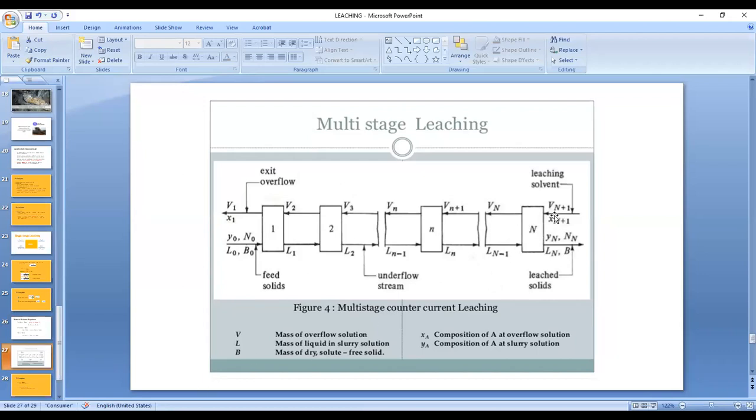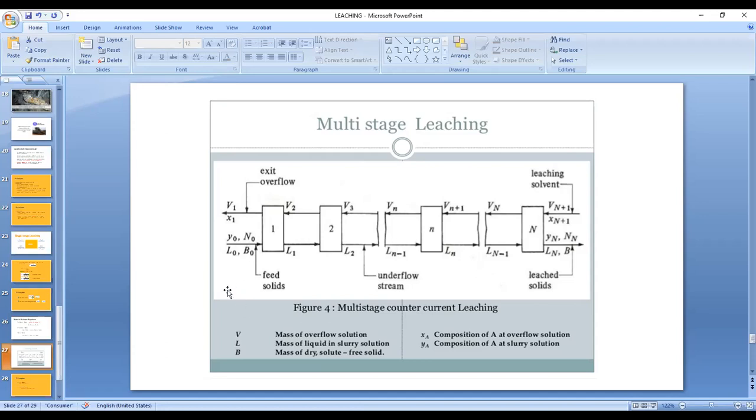So this is where your leaching solvent is introduced, and this is where it is leaving your system as your overflow. So exit overflow. This is where your leached solids are found, in your underflow. This is your underflow, and this is where your feed is. So remember, we number the stages as to where the feed is introduced. Since your feed is introduced here, this is stage 1.